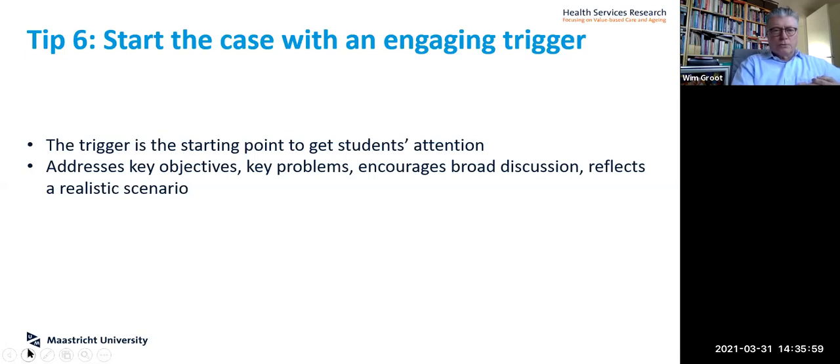It should be a real-world problem, but the trigger text can grab their attention and may also be a starting point for them to activate their prior knowledge. They say, yeah, I've encountered something similar before, or I know that physicians or professionals encounter things like that in their professional life as well. So that can help to make the case attractive to students and trigger the discussion. Can we go to the next?